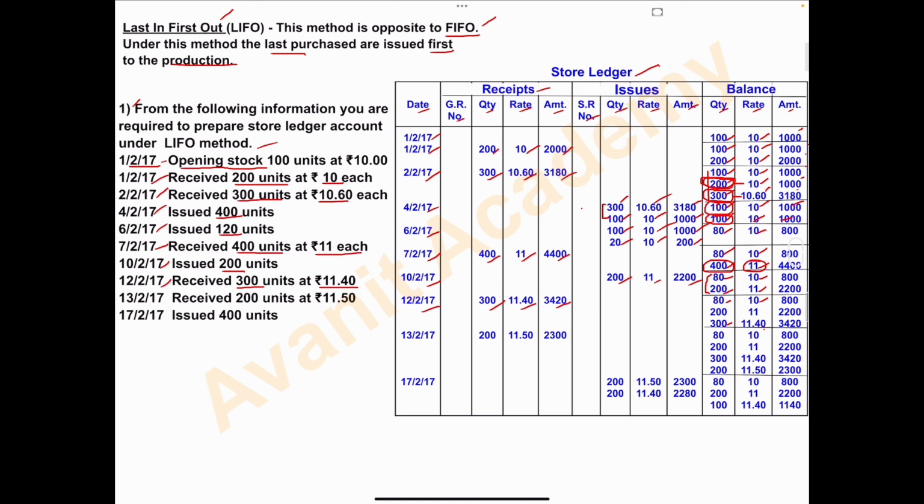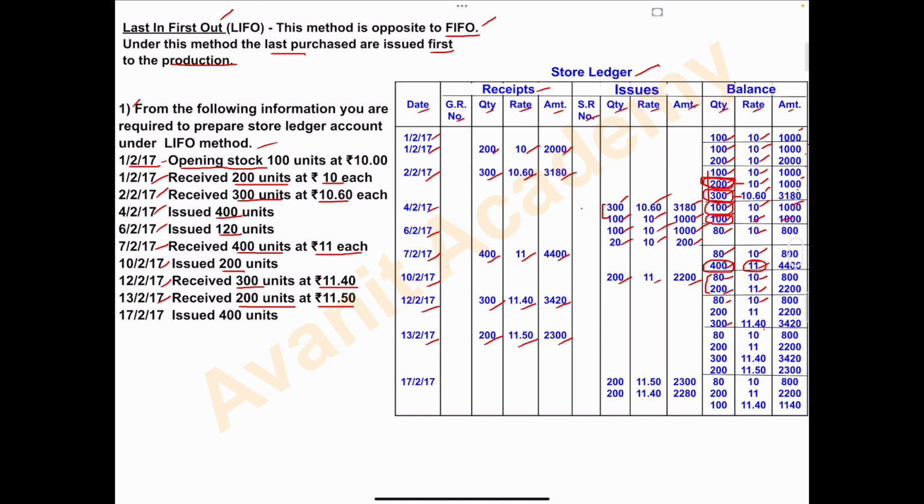Next is 13th February, received 200 units at rupees 11.50. Receipts column right, 200 units, rate per unit is 11.50, 200 into 11.50, amount is 2,300. Others column nil.